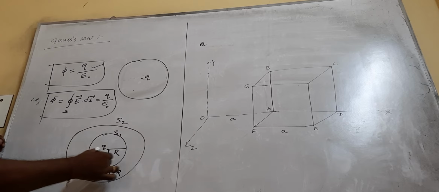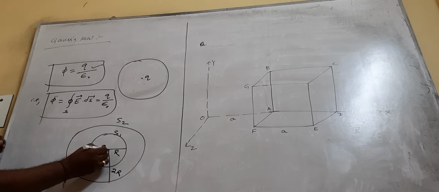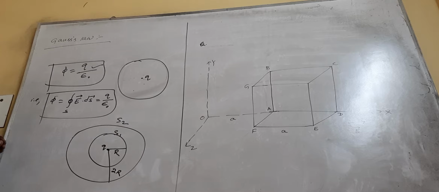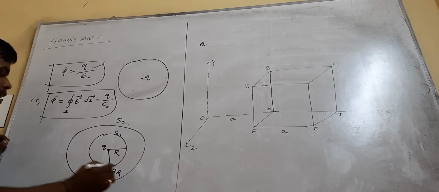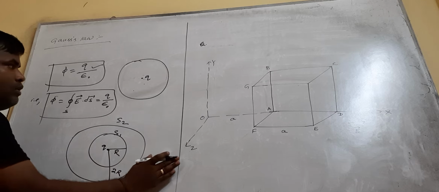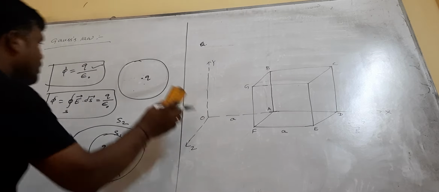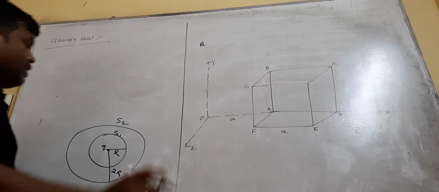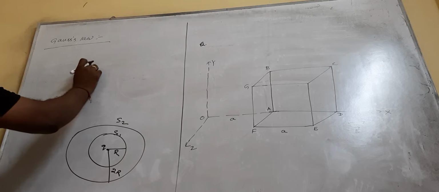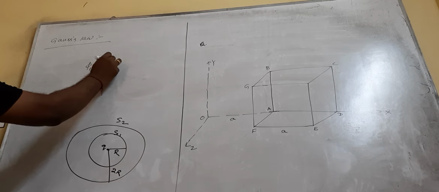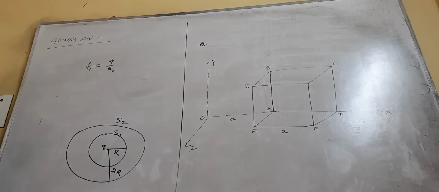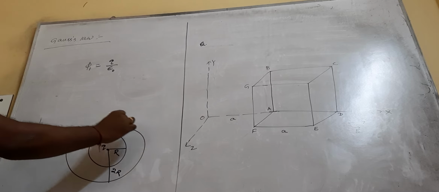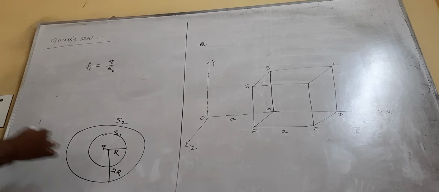For the first surface, the net charge within it is Q. So the electric flux phi 1 is equal to Q by epsilon 0.